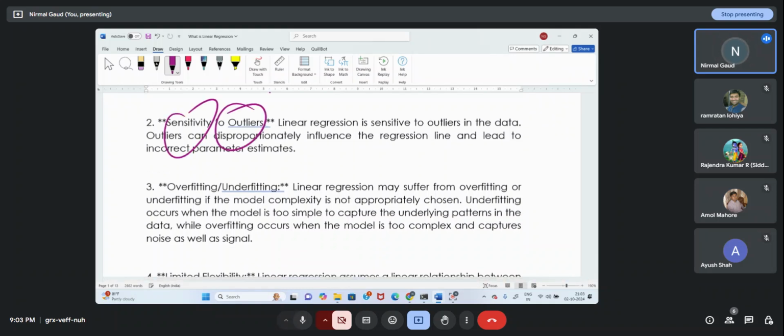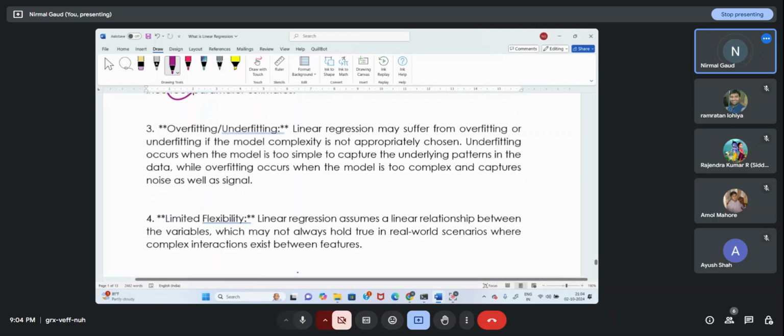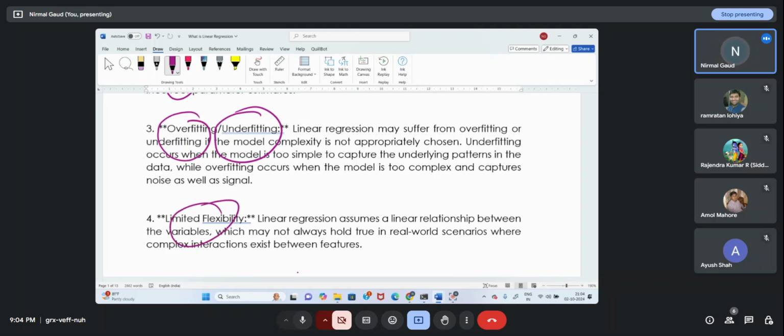Outliers may impact every algorithm, so if you remove the outliers and then apply the linear regression model, it is fine. So remove outliers from the data. The linear regression model may be subject to overfitting and underfitting. It is also less flexible because of the linear relationship assumption.